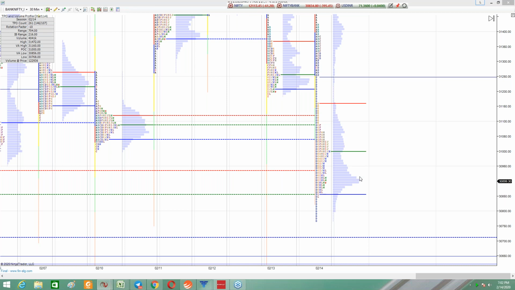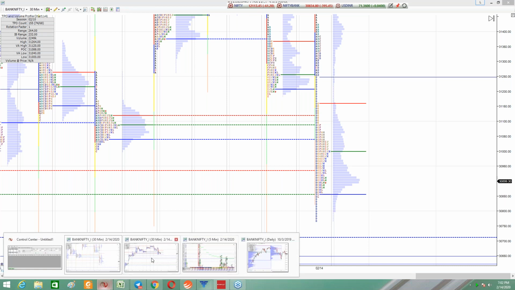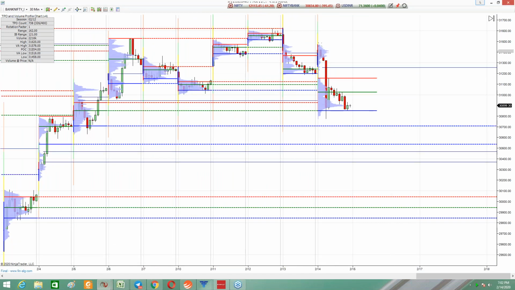So beware of that. If there is a gap down opening, and then the market immediately drifts back to the previous day's range, try not to take a short position then, because today there was a very unusual volume in Bank Nifty. Look at this volume profile. These volumes are really big at the bottom. They can be buying volume as well.